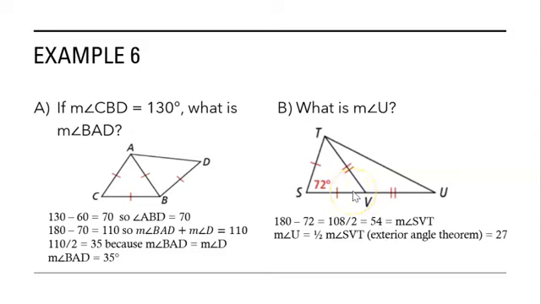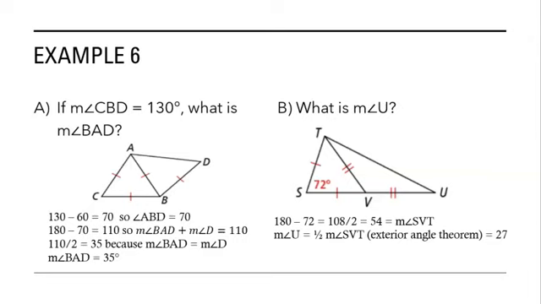Then I noticed that this angle is an exterior angle to this triangle. And I know the exterior angle theorem says that this one plus this one are going to equal this one. So 54 is this angle plus this angle. And I also happen to know that this is an isosceles triangle, so these two angles are going to be equal. So I just had to divide by 2. 54 divided by 2 is 27. And that's my final answer.